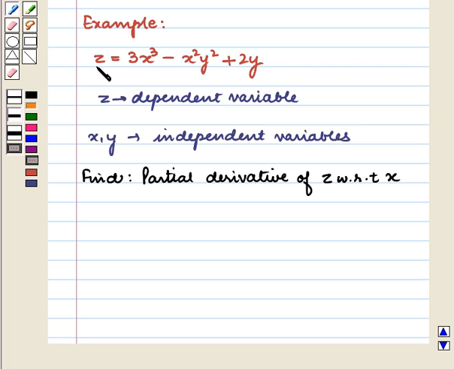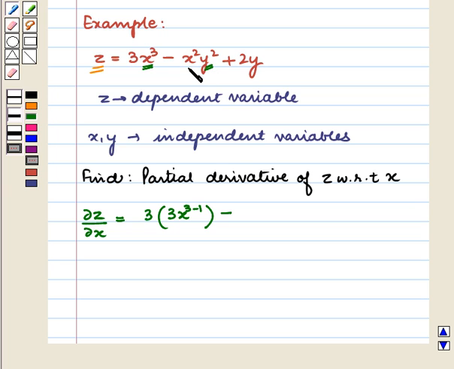For this, we differentiate z with respect to x, keeping y as constant. The partial derivative of z with respect to x is equal to 3 into 3x raised to power 3 minus 1, as the partial derivative of x raised to power 3 is 3x raised to power 3 minus 1, minus, as y is constant, so y square is also constant.